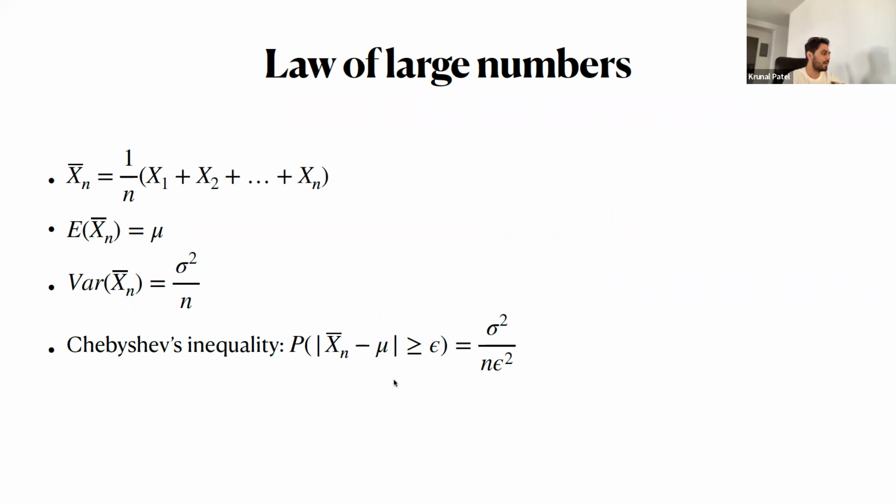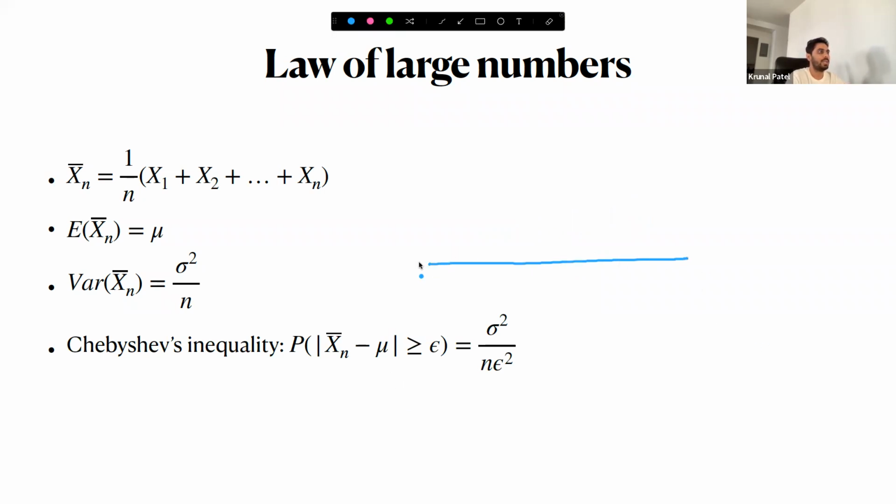Okay. Before we see the law of large numbers, we have something called Chebyshev's inequality, which is basically saying the same thing, right? So we have this random variable. This is mu, and here it was our x n bar, and this is my error, right?